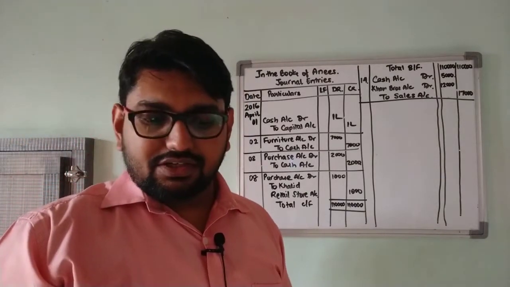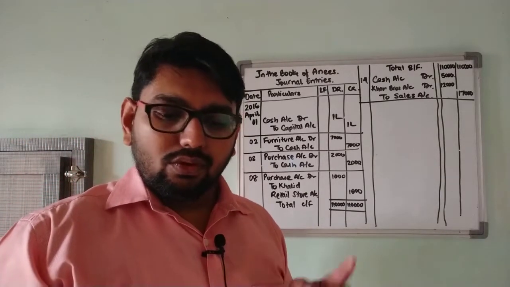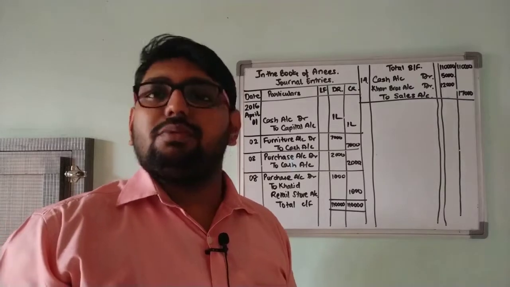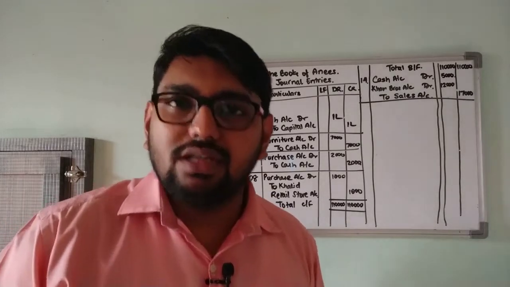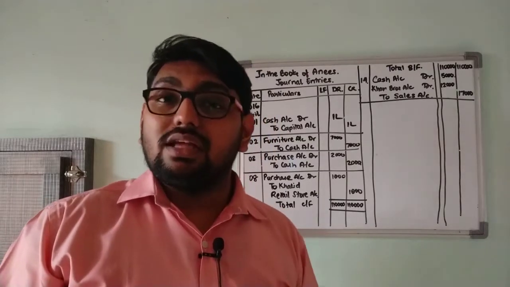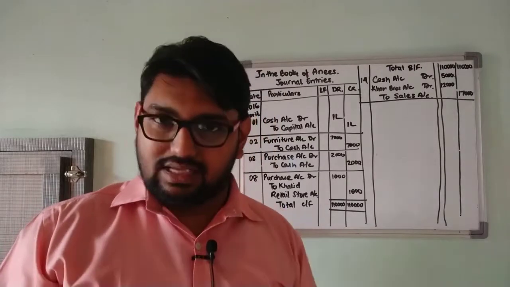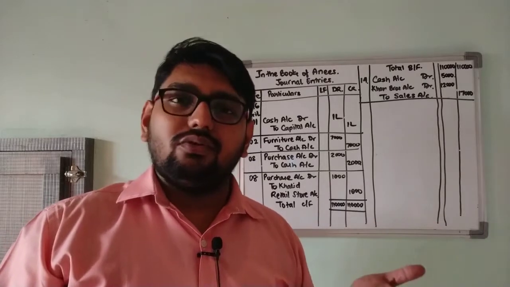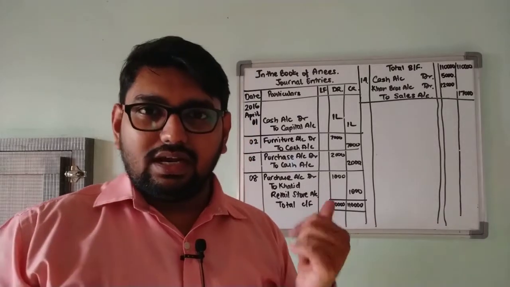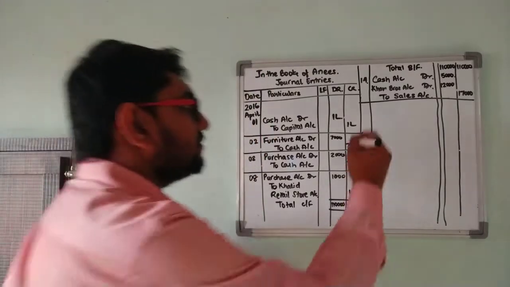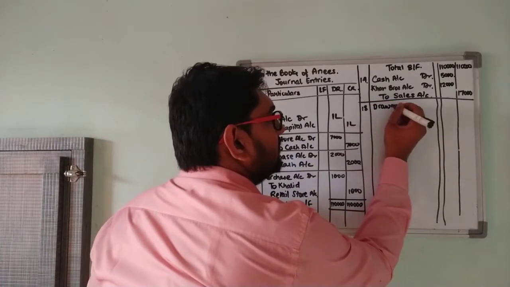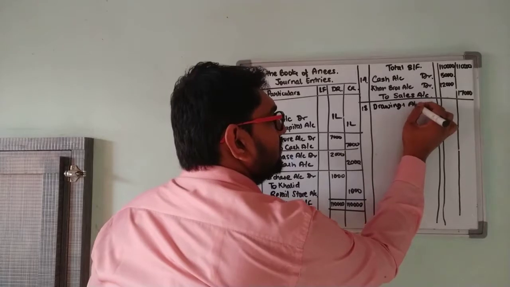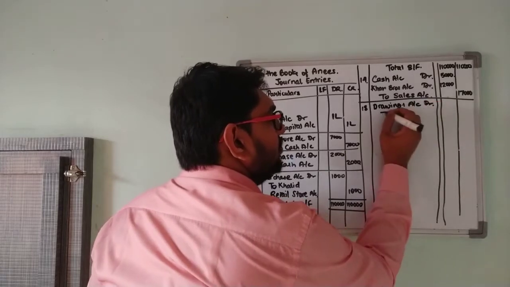The next transaction, 18. Owner withdrew rupees 2,000 for personal use. Now the owner is withdrawing something for personal use. I had told you this transaction is called a drawings transaction. And the golden rule for drawings is D for drawings, D for debit. So 18, drawings account debit, 2.